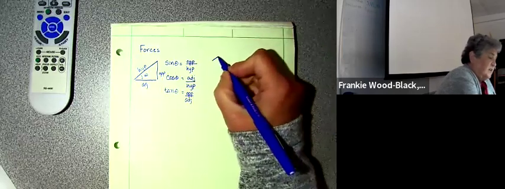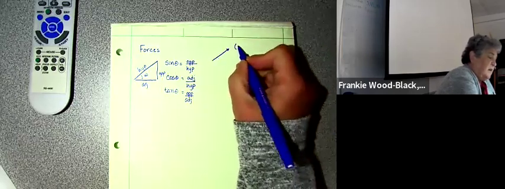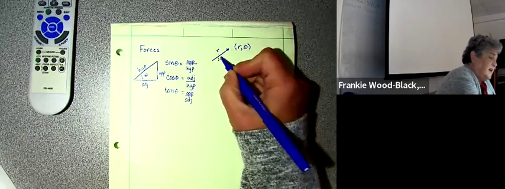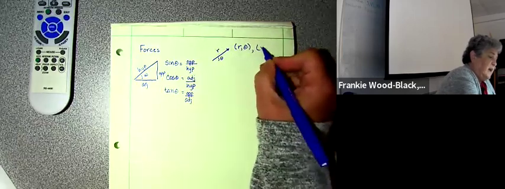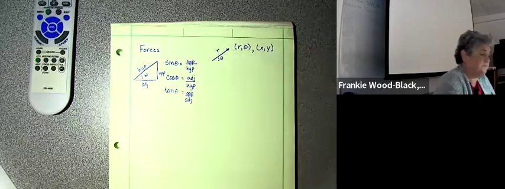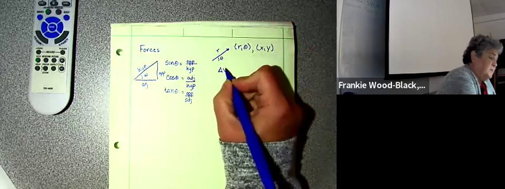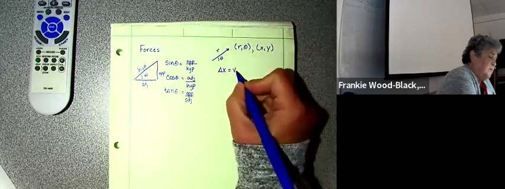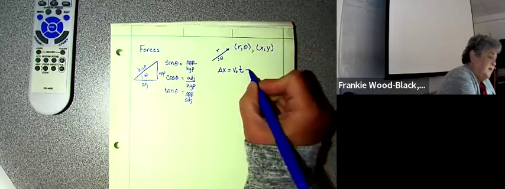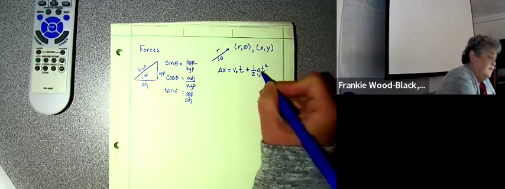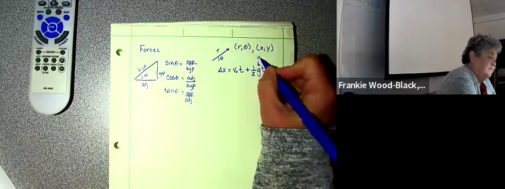We've dealt with vectors, so we can be in the r theta mode, where that's r and that's theta, or we can be in the x y mode. We have our equations of motion, which is my change in position is equal to my initial velocity times time plus 1/2 gravity times time squared, or acceleration.